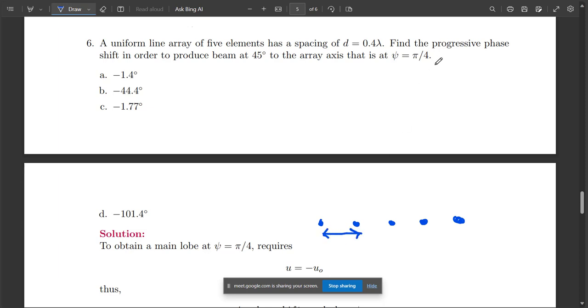Now you have to find the progressive phase shift in the feed of these elements so that the beam produced is at 45 degrees.